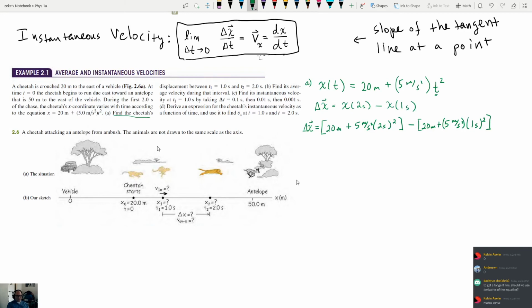We just plug those two values in, and instead of calculating the whole thing, we'll individually calculate each of these numbers, because I'm pretty sure we're going to want to know what they are later on. So the first term is, what, 5 times 4 is 20, plus 20 is 40 meters. That's x at 2 seconds. I'm going to write that down here, because we're going to need it at some point.